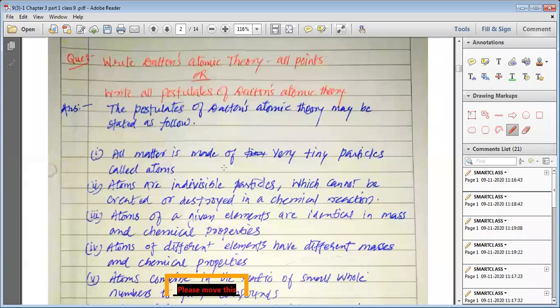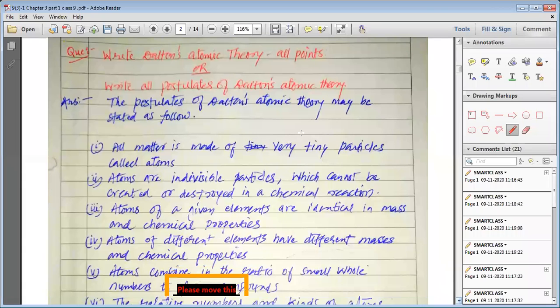Now, my dear students, we are going to study more about a theory which is known as Dalton's atomic theory. So let us read the next question. Write Dalton's atomic theory, all points of Dalton's atomic theory, or write the postulates of Dalton's atomic theory.